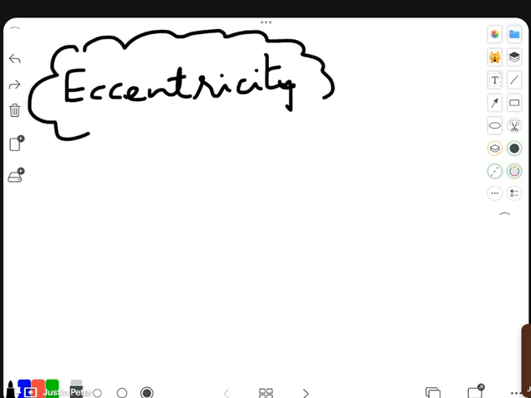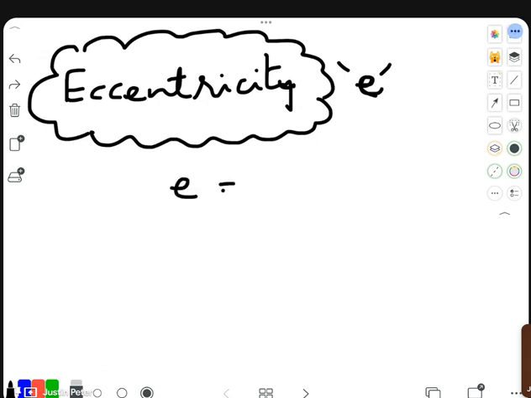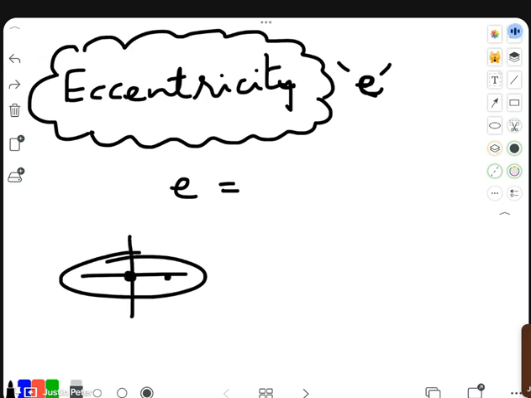Eccentricity, represented by the symbol E, is nothing but the ratio of the distance from the center to one of the foci, which is C, to the semi-major axis.